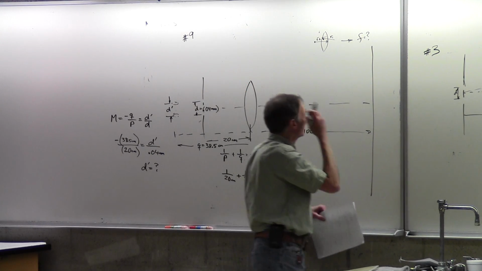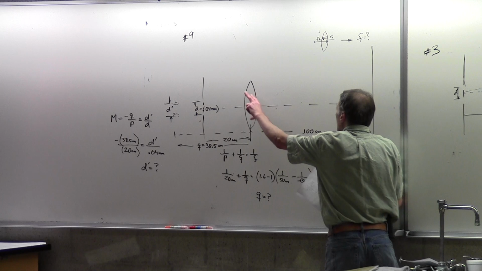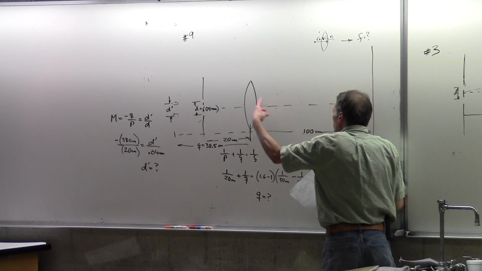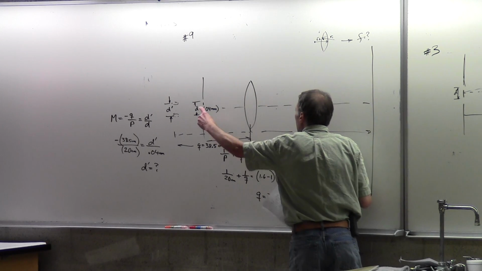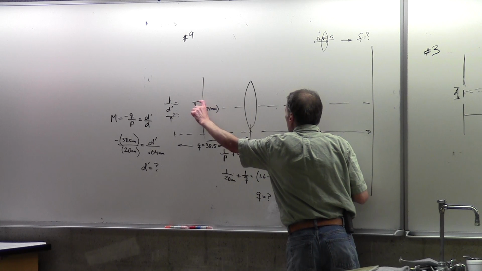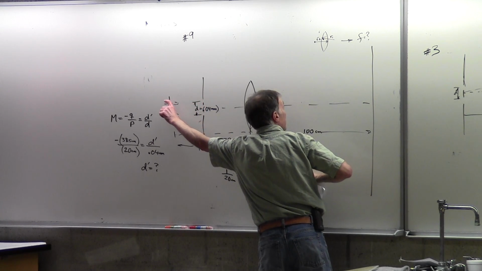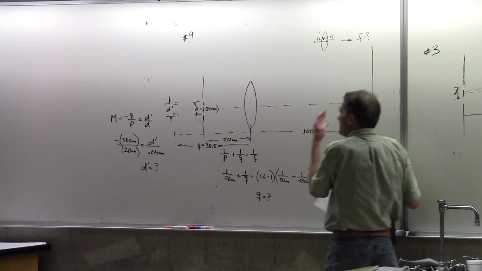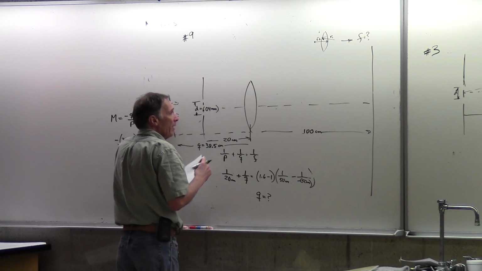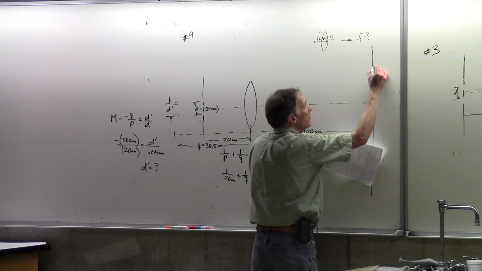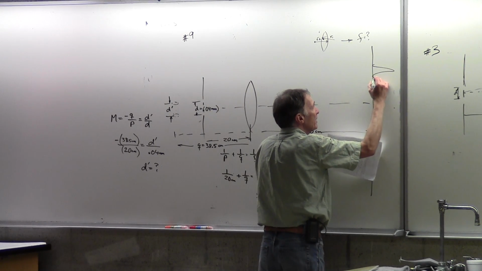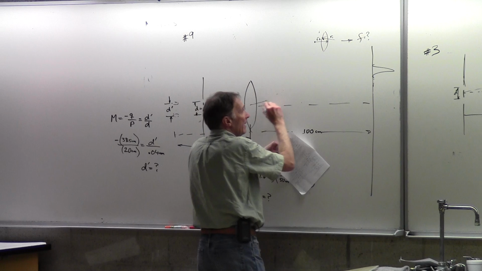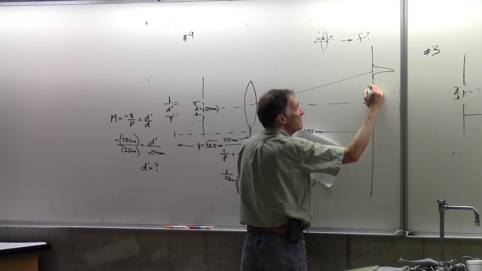Now, the fact that the lens is there and I can look through this thing, the light emerging from this lens appears as though it's coming from this slit that's back here. The screen is going to effectively see the same thing. So when I'm out on the screen, there's going to be some, let's say, maximum out here that we're going to be looking at. It's related, maybe some position Y.